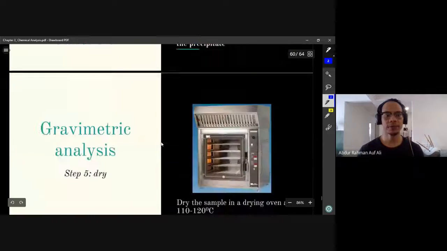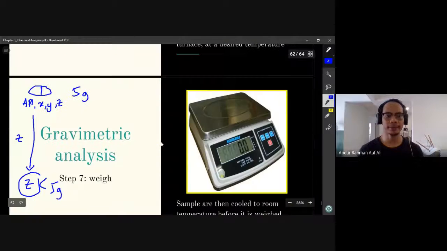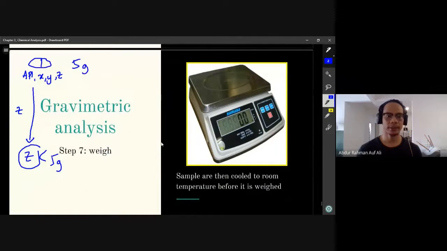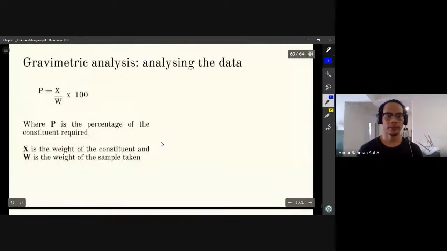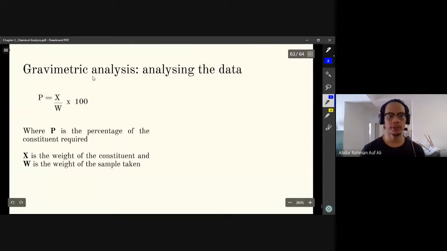Okay, so the final weight should be a lot less than the initial weight. Katakanlah, this is the formula macam mana nak kira, macam nak report the data. Katakanlah the final weight is 5 milligram. Okay, so kita ambil 5 milligram tu bagi dengan 5 gram, darab dengan 100.